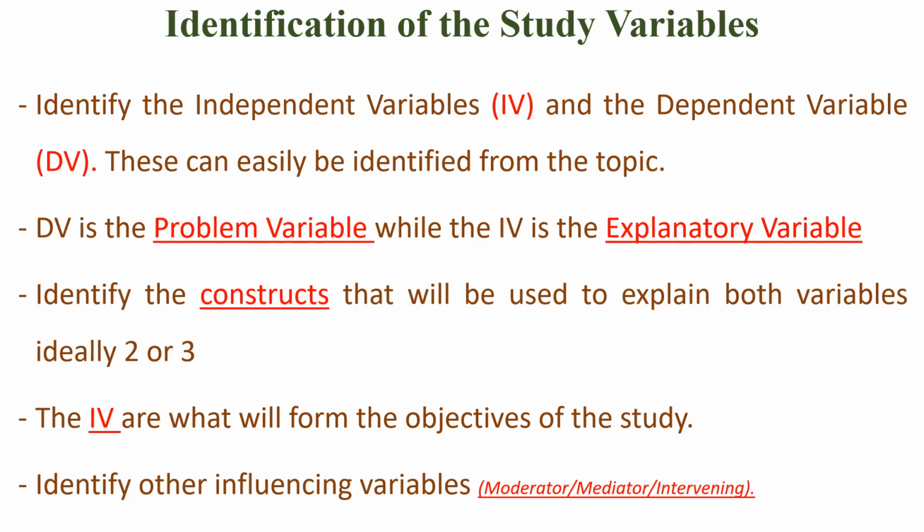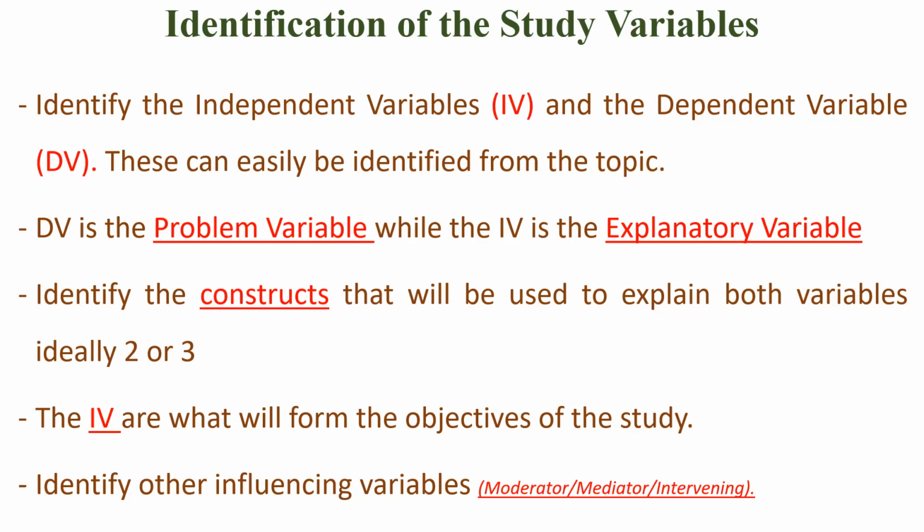This can be identified very easily from your topic. The dependent variable is the problem variable, the problem that you're trying to resolve. It is dependent on the independent variable, which we would then call the explanatory variable or the solution variable.